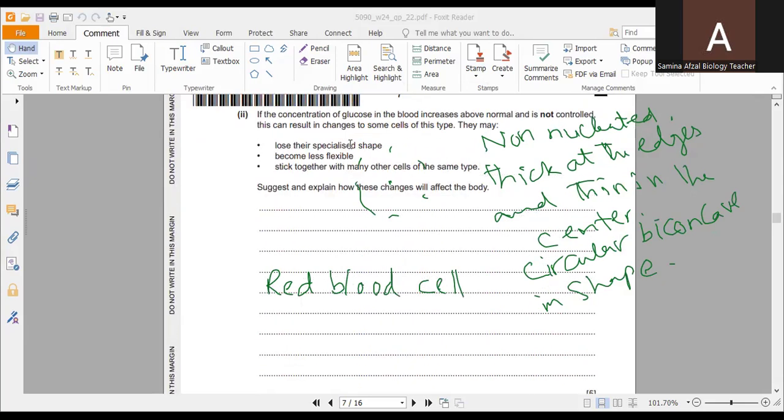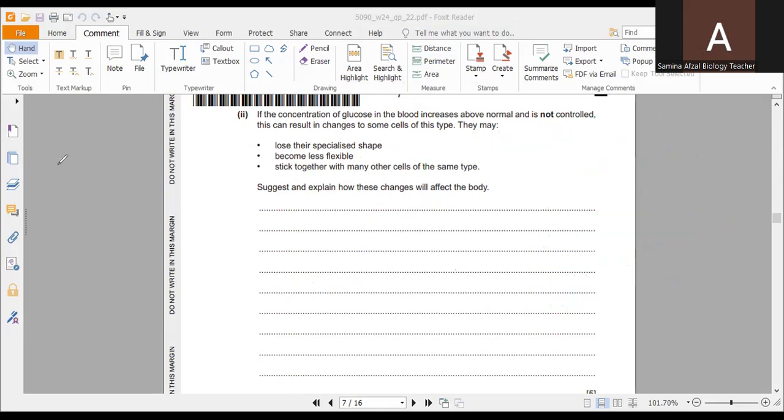Next part of the question is, if the concentration of glucose in the blood increases above normal and is not controlled, this can result in changes to some cells of the body. They may lose their specialized shape, become less flexible, and stick together with many other cells of the same type.